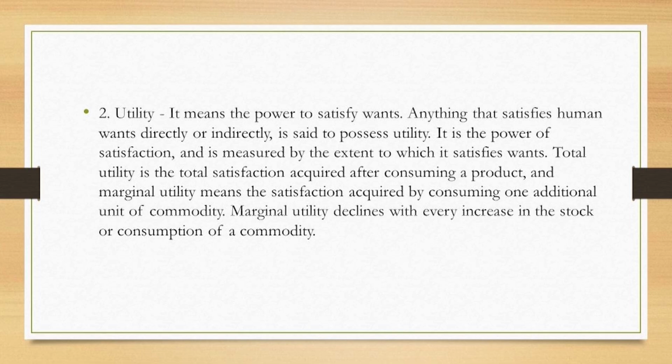Total utility is the total satisfaction acquired after consuming a product, and marginal utility means the satisfaction acquired by consuming one additional unit of commodity. Marginal utility declines with every increase in the stock or consumption of a commodity.